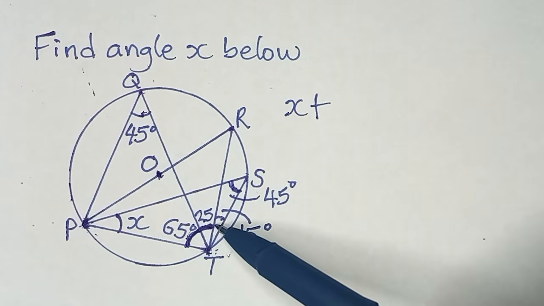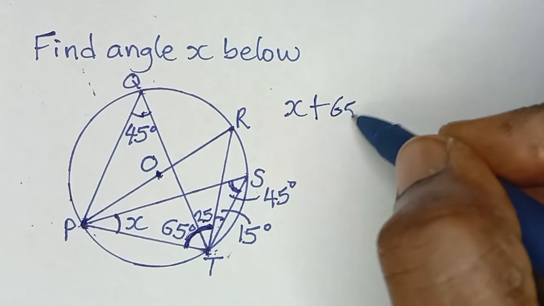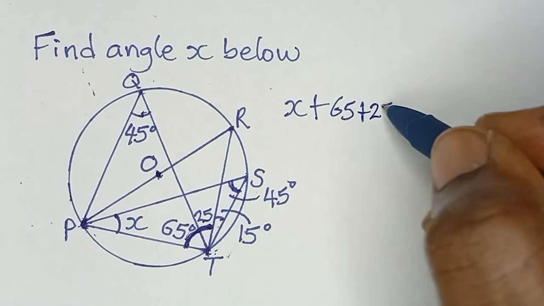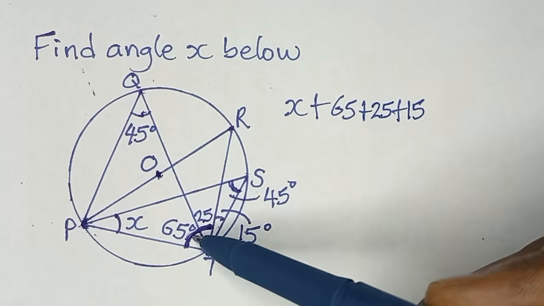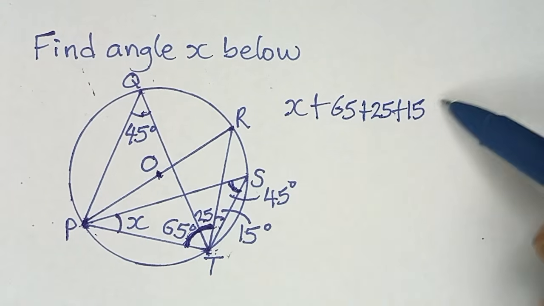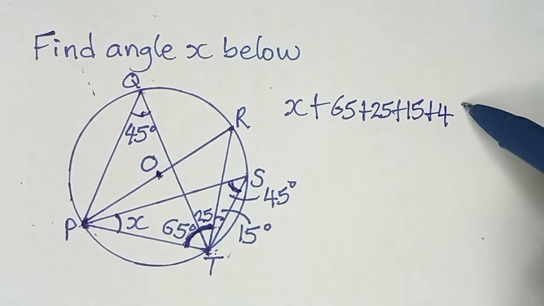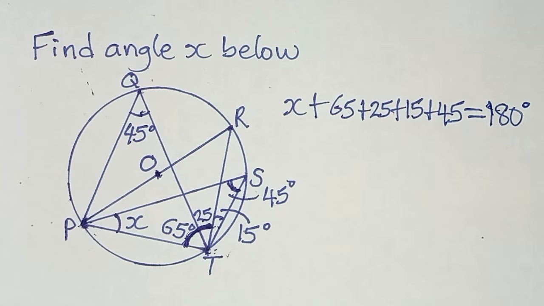So let me write them as 65 plus 25 plus 15, all together forming one angle, and then added to this 45 degrees, so plus 45. Everything should be equal to 180, because the sum of angles in a triangle is 180 degrees.